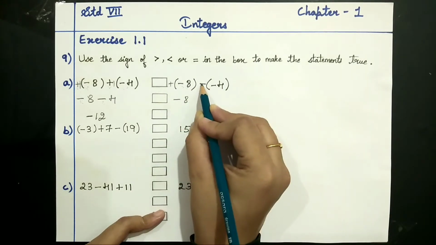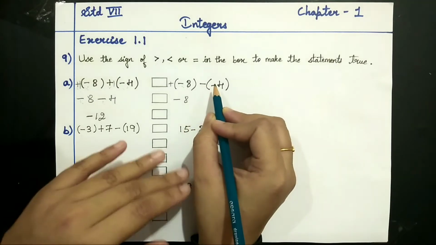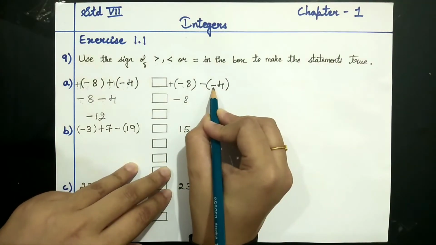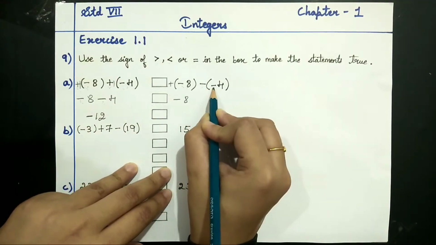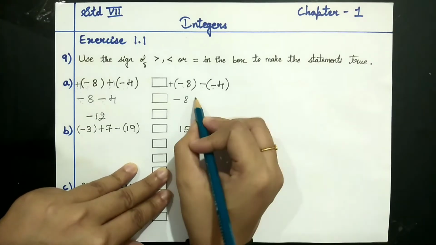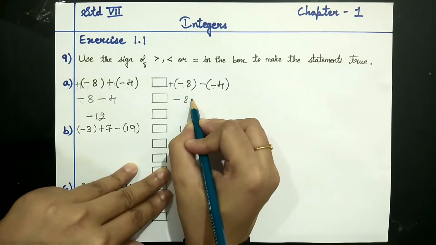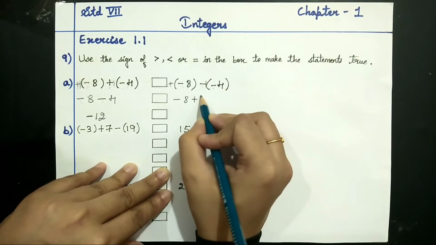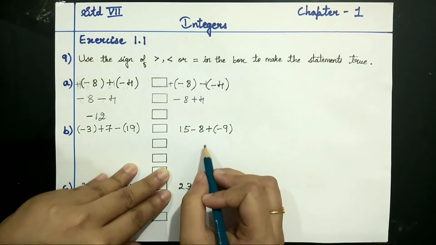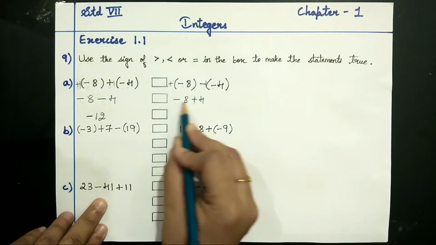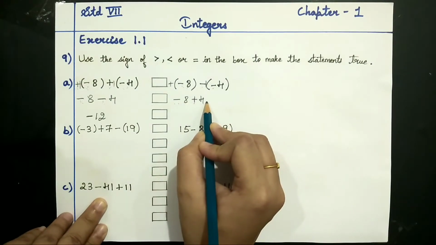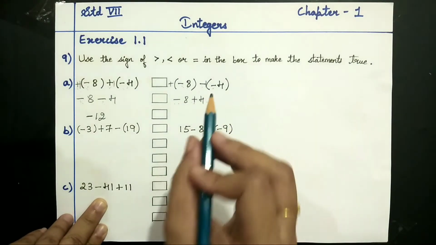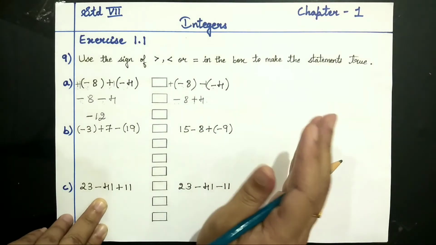Here next, outside the bracket it is minus, inside the bracket also it is minus. Since the signs are same, what sign do you have to give here? You have to give the sign of addition and multiply. 4 ones is how much? 4. Okay, now since the signs are different here, and there is no bracket given here, that means you have to apply the rules of addition, not multiplication.